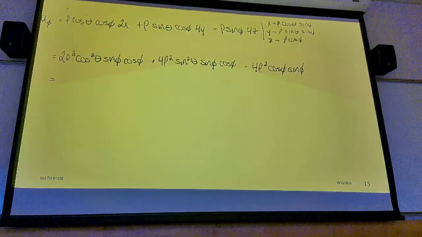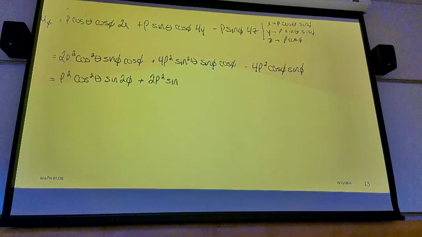So if I do that, I'm actually not going to factor it out right now. Just replace every sine phi cosine phi with sine of 2 phi over 2.